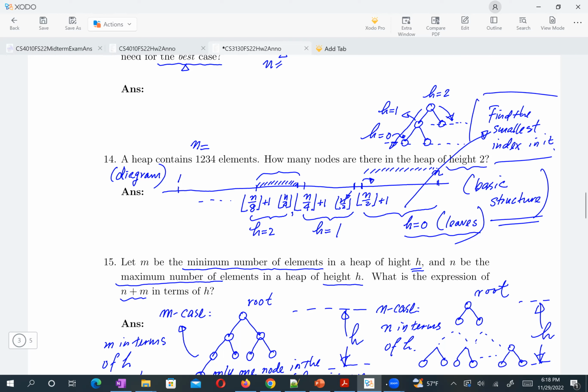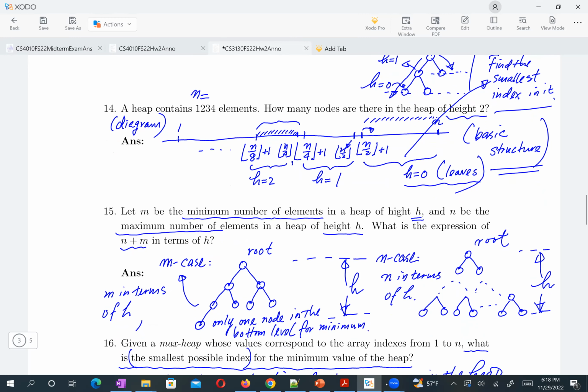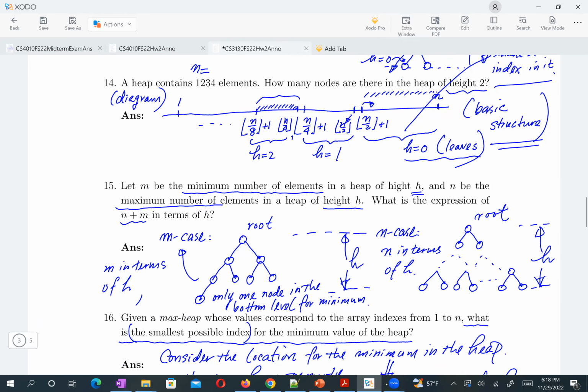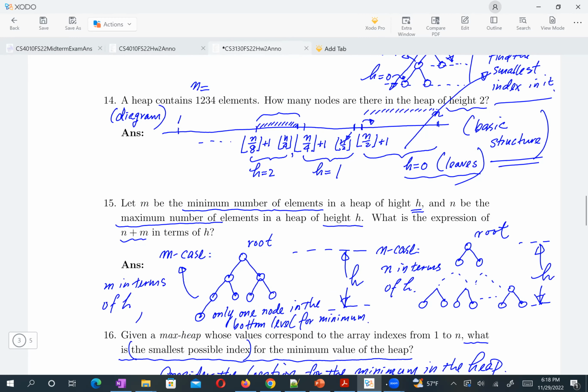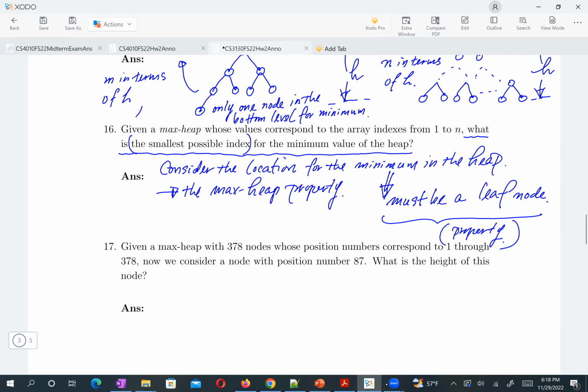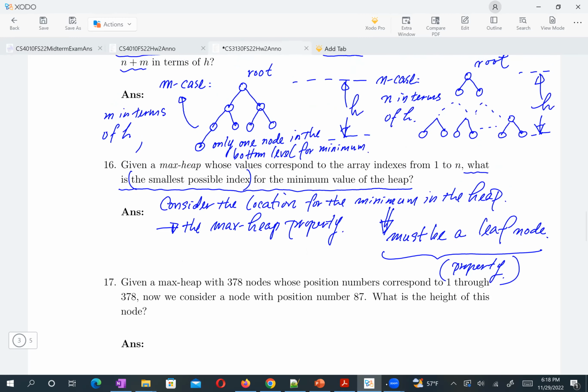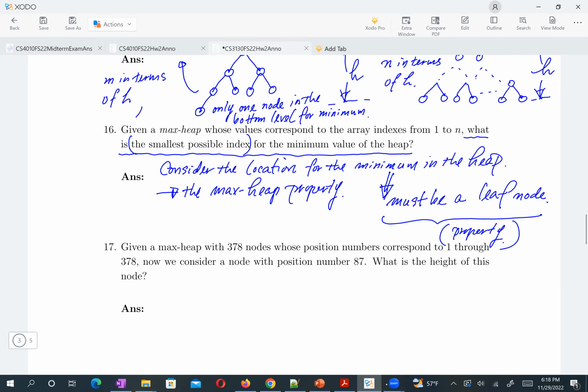See? So that's your answer: the smallest index in that range. That's the answer. So you can see that diagram is very useful. Okay, so that's this question.